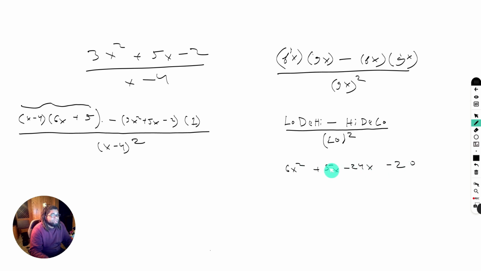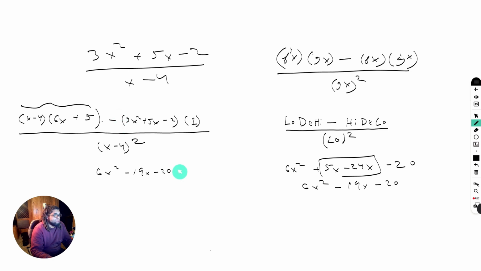Okay, as we can see, we have some like terms here, so we can simplify this to 6x squared minus 19x minus 20. So that's our statement for the numerator, so we can write this in here. And then here, this is just multiplied by itself, but with this, remember that we have to distribute this negative 1, this imaginary negative 1 here.